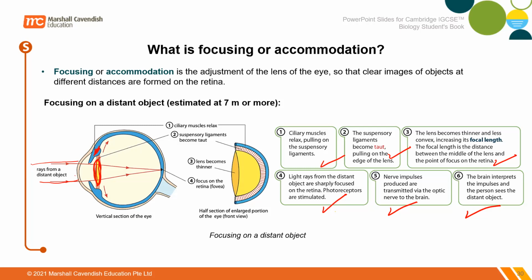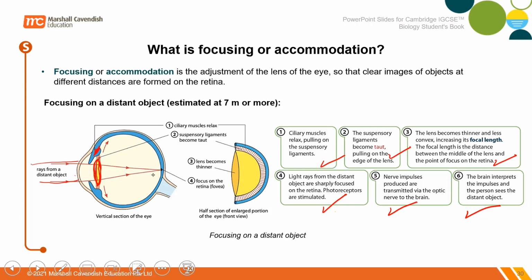When it is a less convex lens, light rays will pass through it and focus on the fovea on the retina.